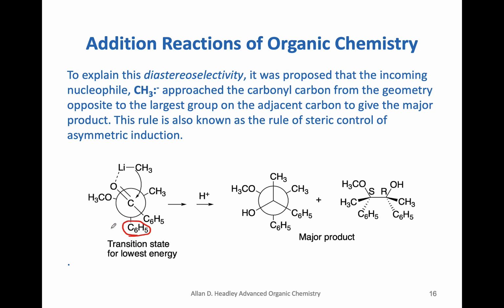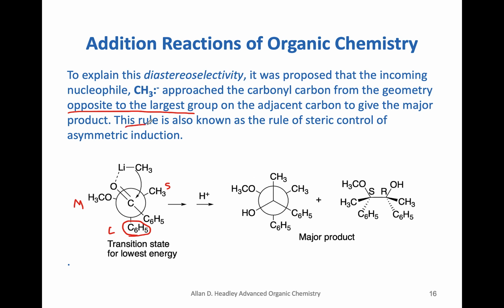In your text, you'll see this described as the large group, this is the medium group, and this is the small group. But the main thing here is that the geometry is opposite: the large group is opposite to the nucleophile that's coming in. When that happens, we have a product, and followed by hydrolysis, we get this as our major diastereomer.